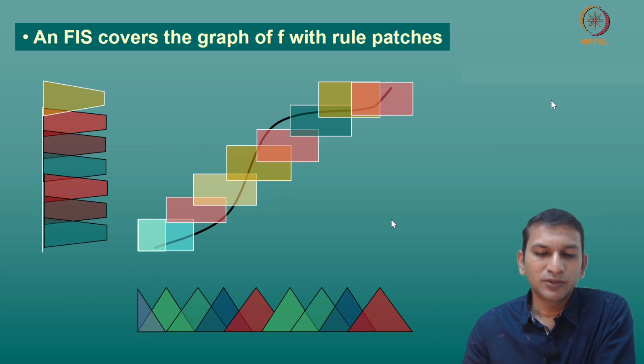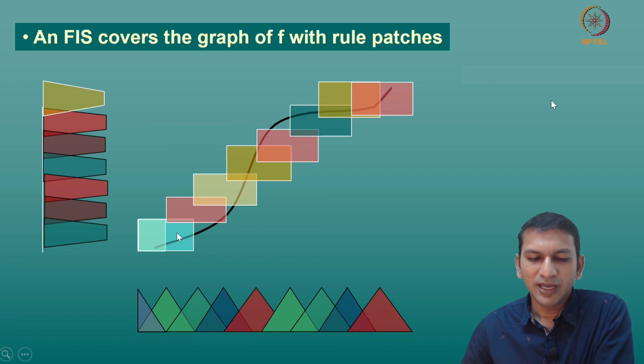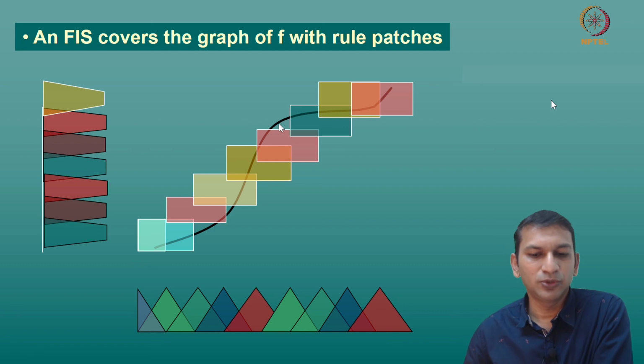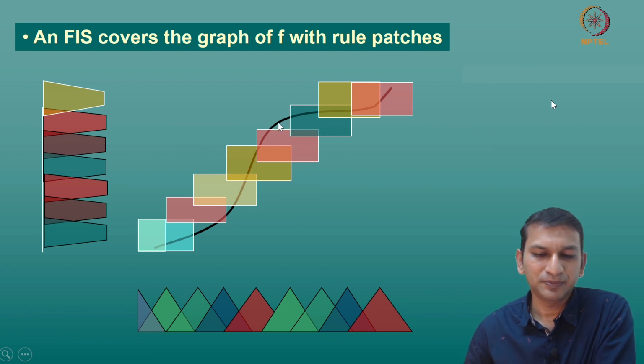Now there are a few crucial things to note here. Firstly, look at this. We said that it is trying to approximate the function by overlapping rule patches. But now you see here, these parts of the function are actually not covered. So no matter what defuzzification mechanism you use, the output will lie within these overlapping boxes, patches, and so it is not going to approximate the function very well here.